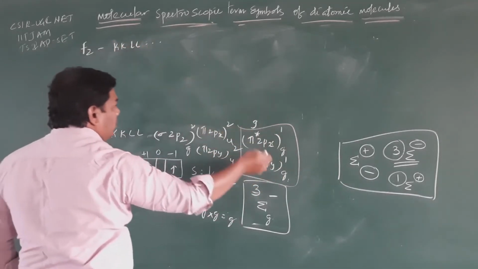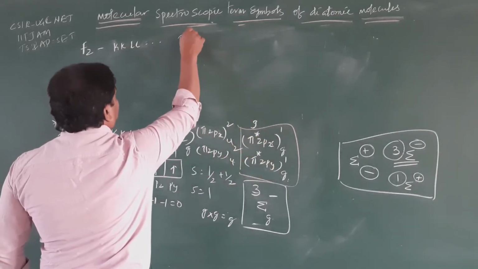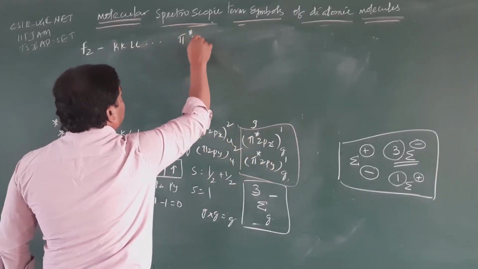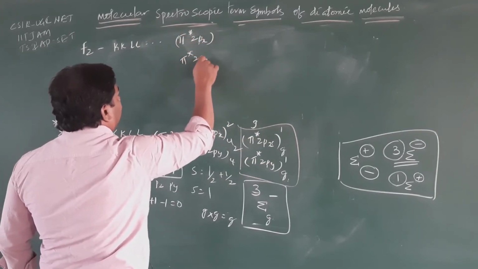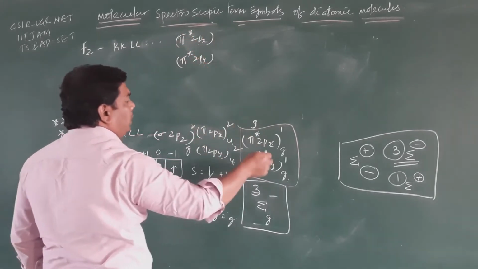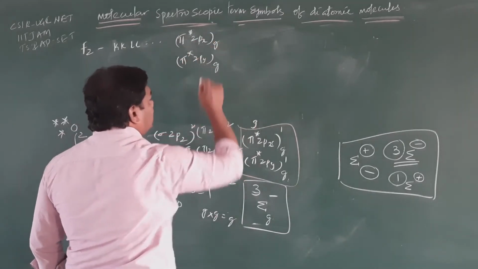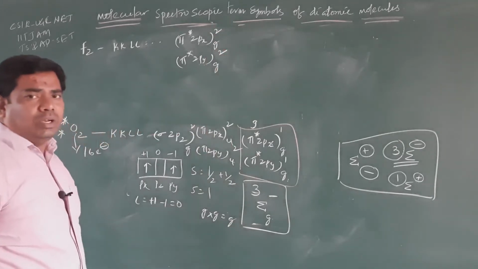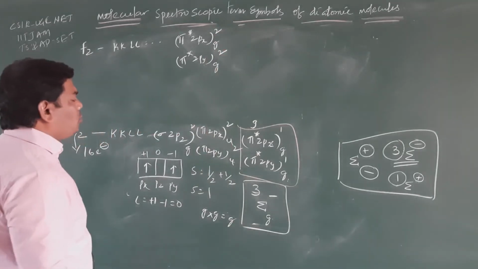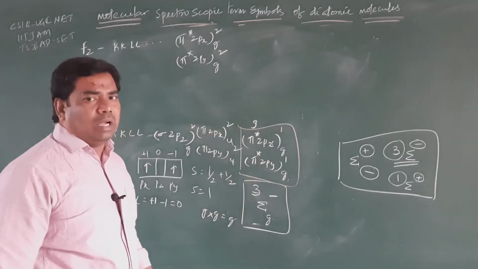The last configuration is pi star 2px and pi star 2py, gerade center, with 2 electrons and 2 electrons. Clear, student? It looks like a pi 4 configuration only.